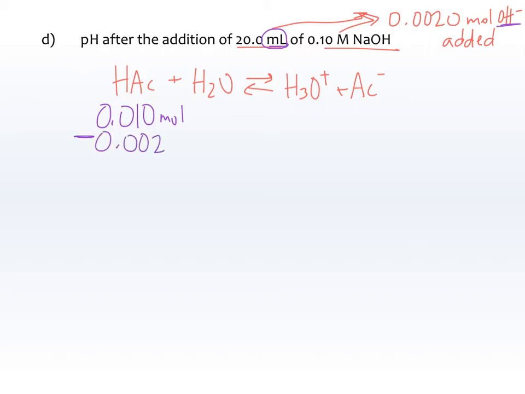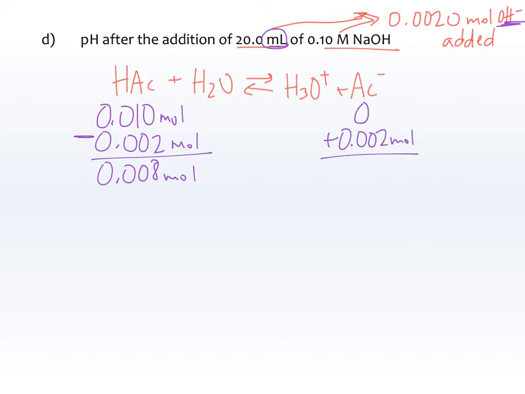So I have 0.002 moles of the OH minus subtracting from the HAC, which leaves me 0.008 moles of HAC left over in excess. Now initially, at the beginning, I had 0 AC minus, but when I added a base, it adds to the base 0.002 moles from my initial 0, leaves me with 0.002 moles of AC minus produced.